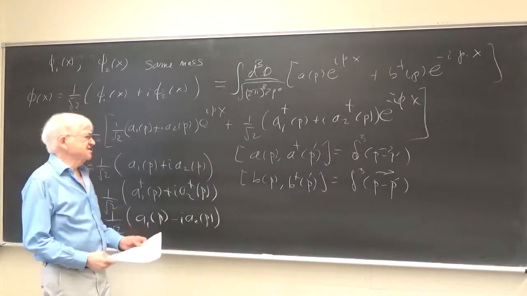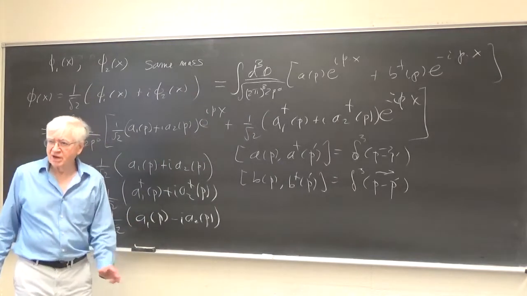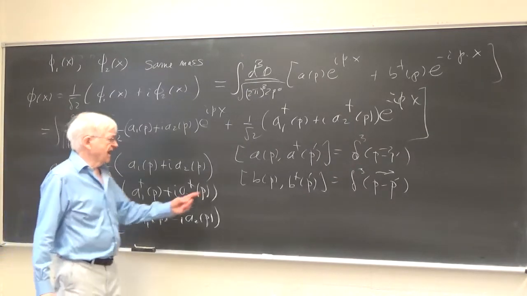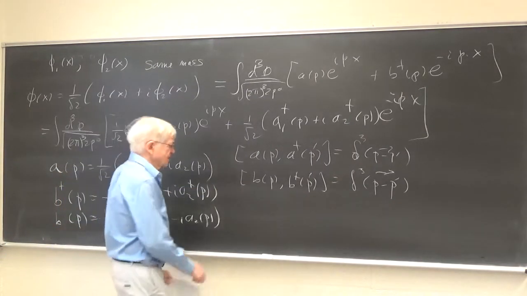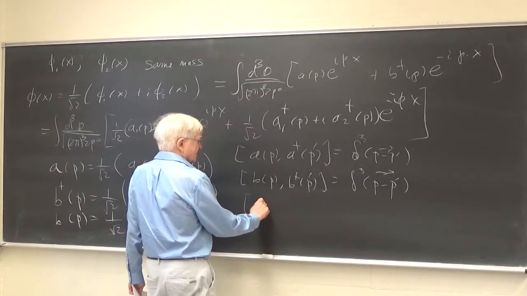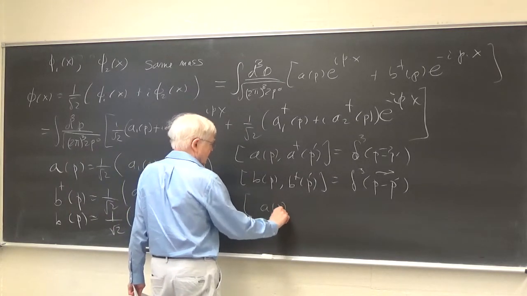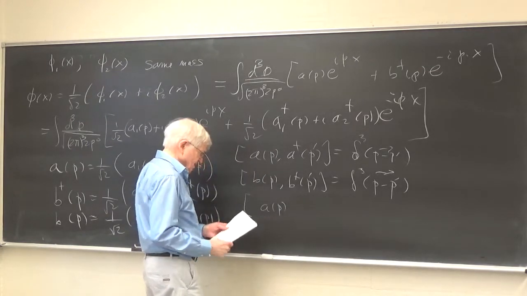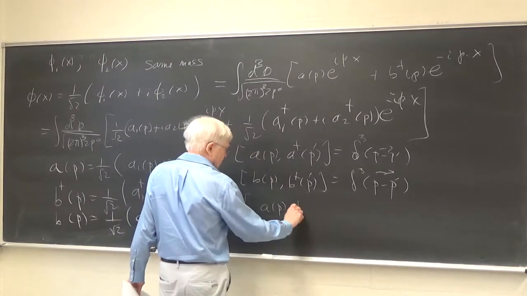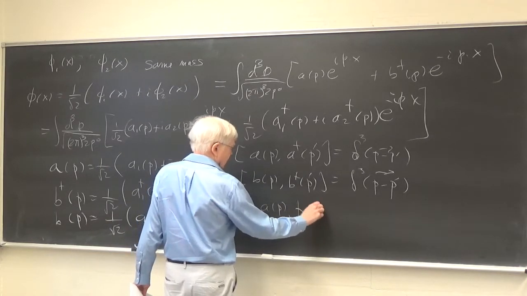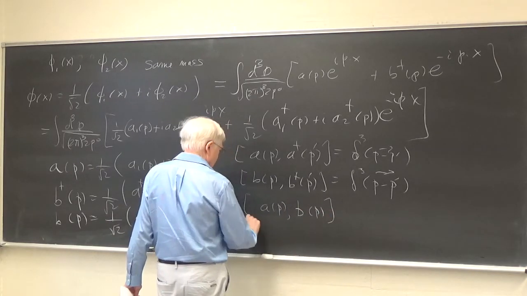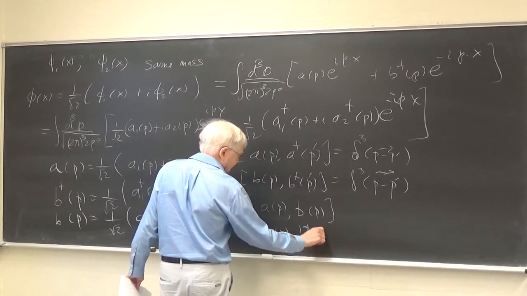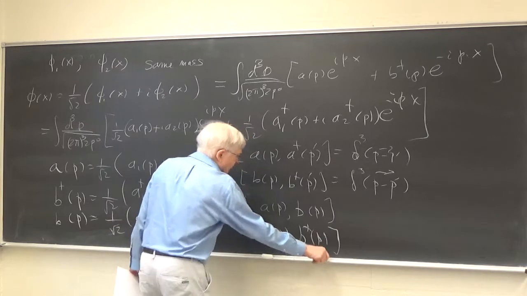Let me just assign a really simple homework problem. Derive these commutation relations as well as the commutation relations for a of p with b of p and a of p with b dagger of p and so forth.